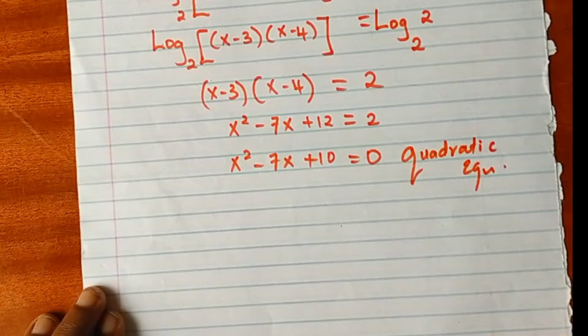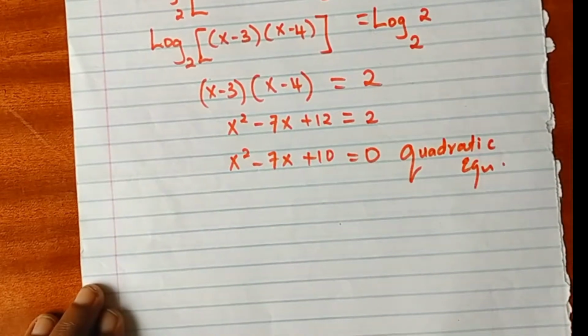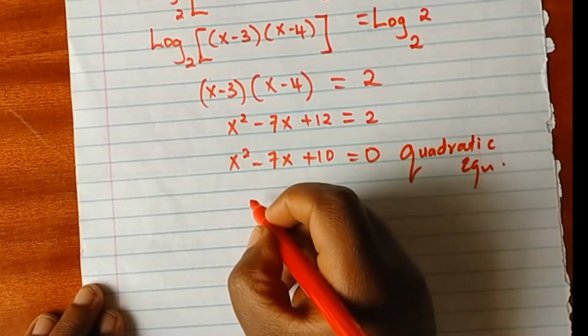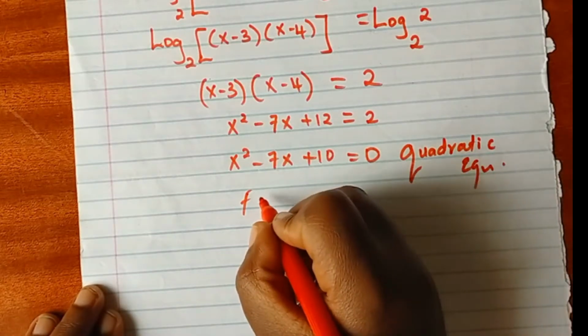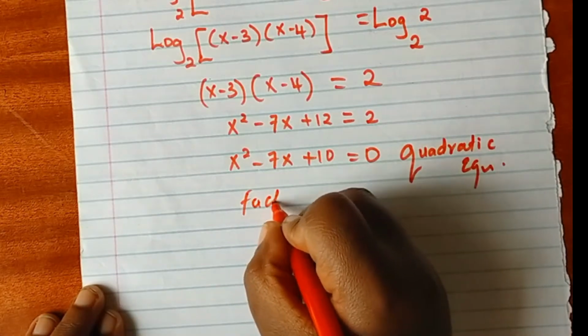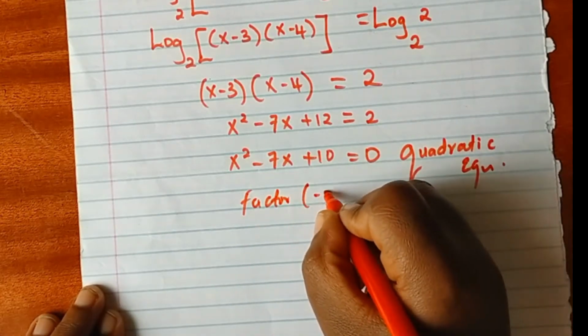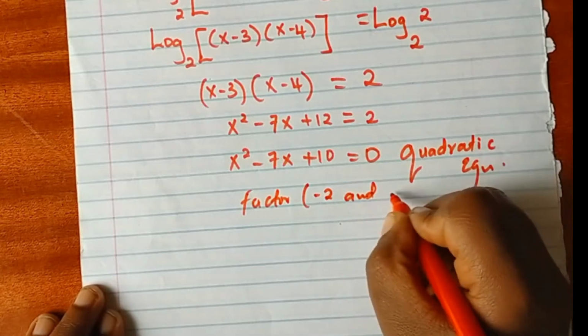In this case, through the factorization method, we need two terms whose product is 10 and whose sum is negative 7, and the factors here are negative 2 and negative 5.